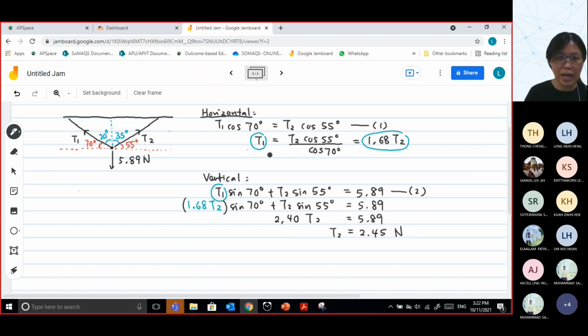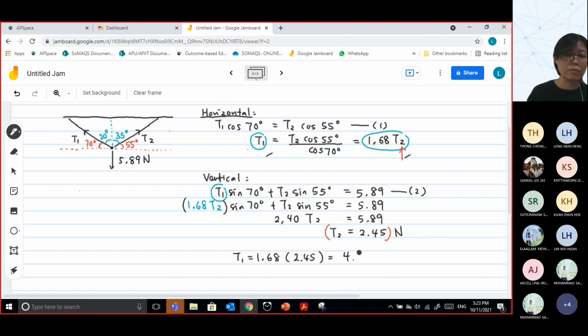Then we proceed to find T1. Substitute T2 into here. So T1 equals to 1.68 times 2.45. Of course your value will be slightly different according to what you substitute. 2.45 or 2.46 might be different.